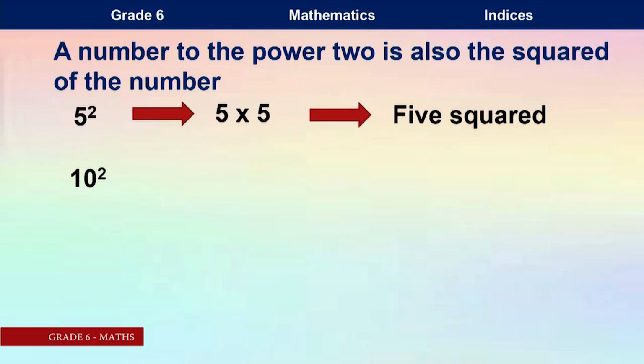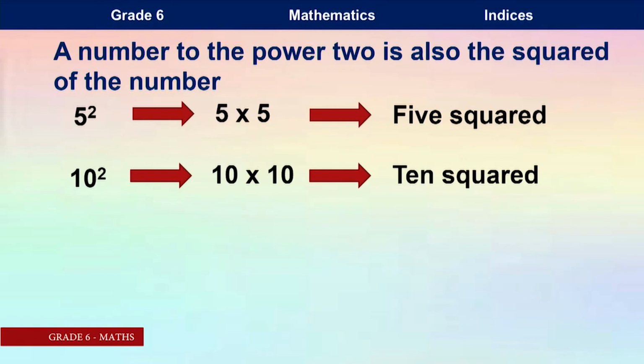Then this is 10 to the power 2. You can expand this, 10 multiplied by 10. And how to read this? 10 squared or 10 to the power 2. There are two names if the index is 2.